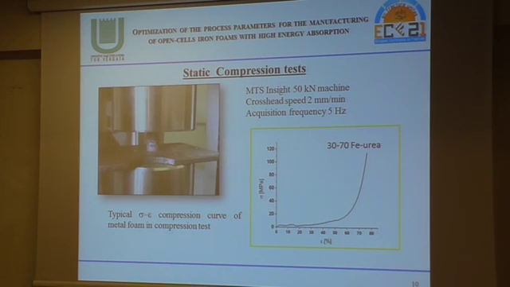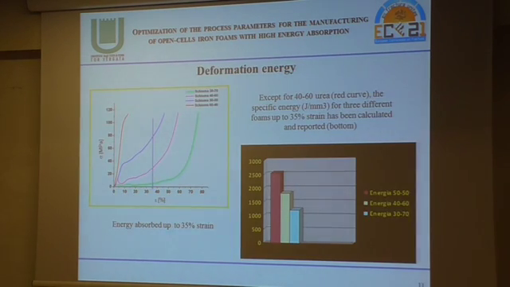On the bottom right, the typical stress-strain compression curve of metal foam: after a small linear elastic step, there is a big plateau up to 40-50% of strain with a low level of stress, and finally there is the densification when no pores are left inside the foam.